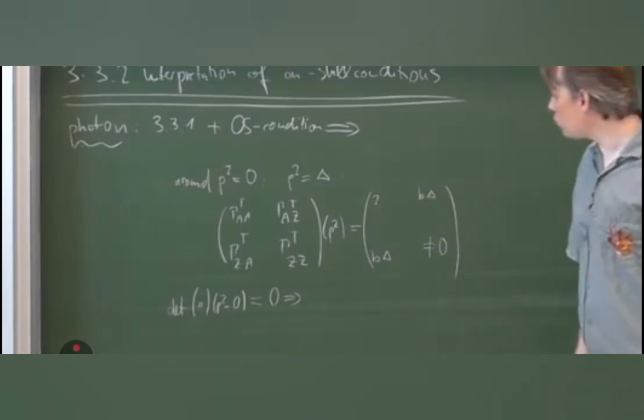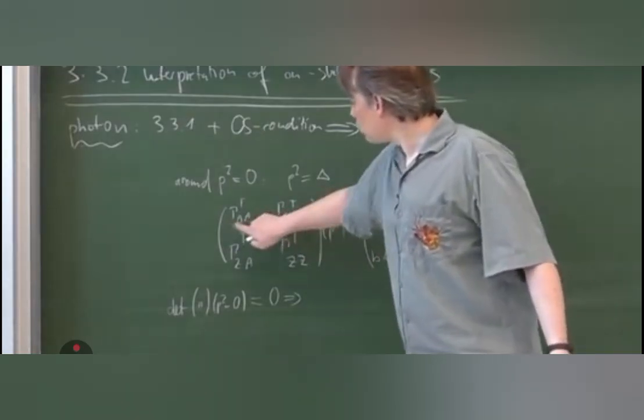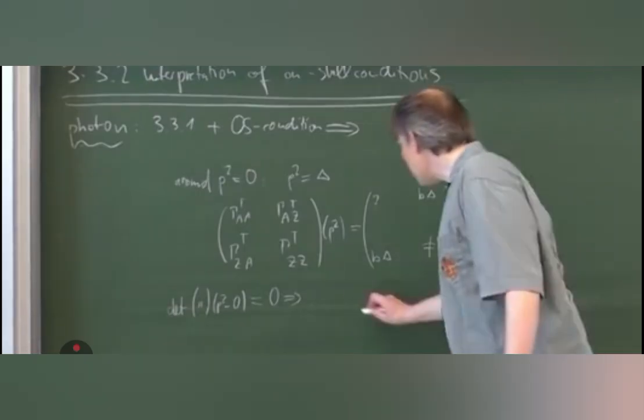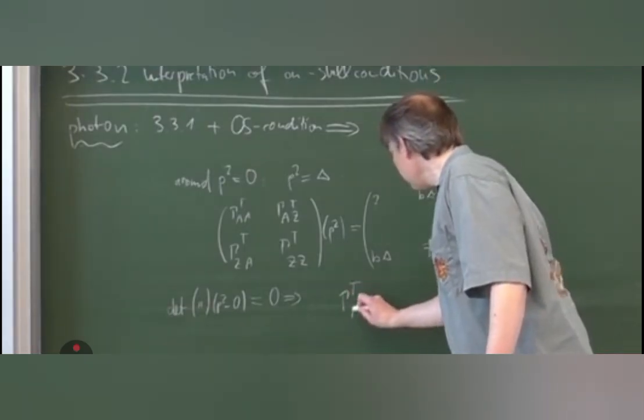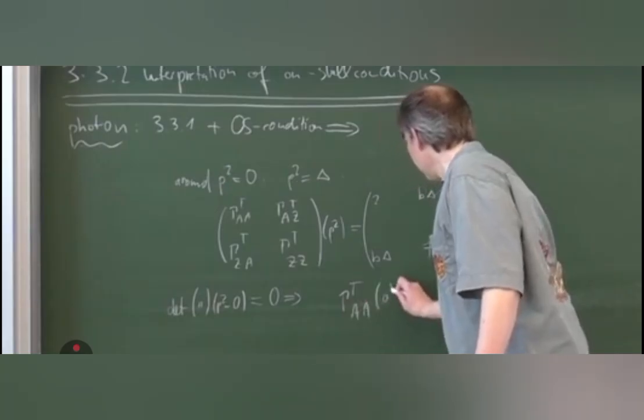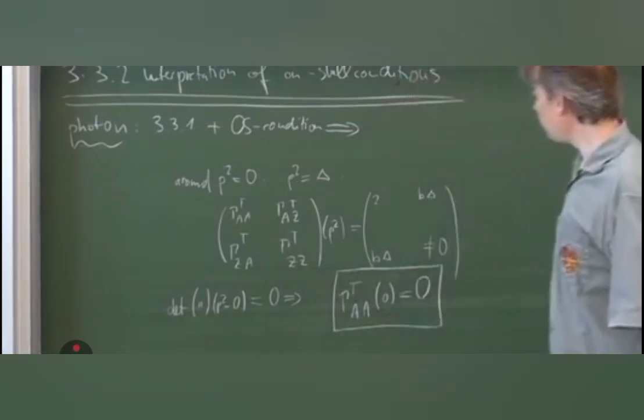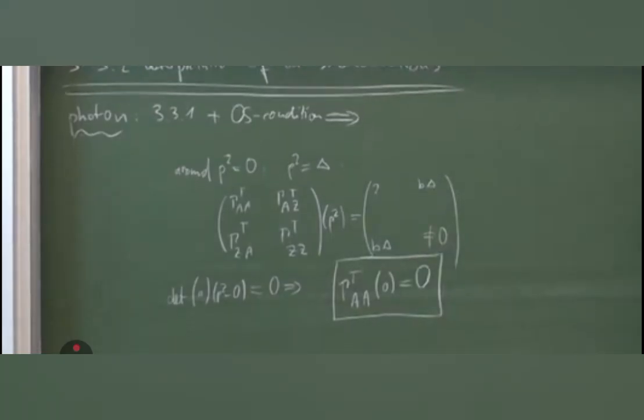And so we conclude that the diagonal two-point function gamma AA in the on-shell scheme vanishes at 0 momentum. So that is now true in the on-shell scheme.